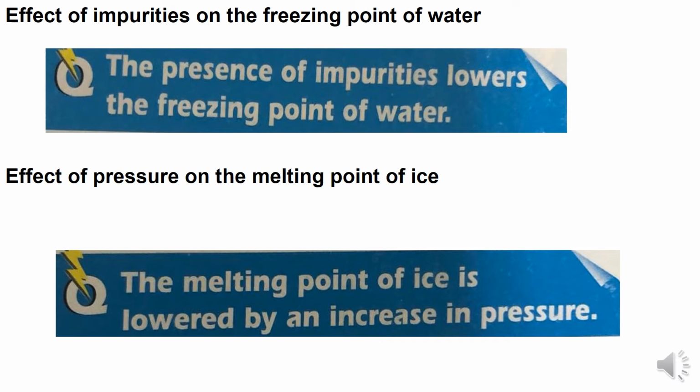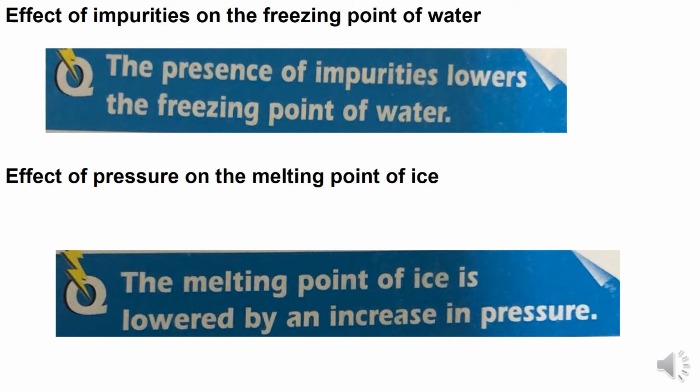Also in the case of ice skating, these effects come in. When ice skaters move, their entire weight is supported by the thin plates of the skates. The area of contact of the thin plates with the ice is only a small fraction of the area of the blade, so the pressure exerted will be high.